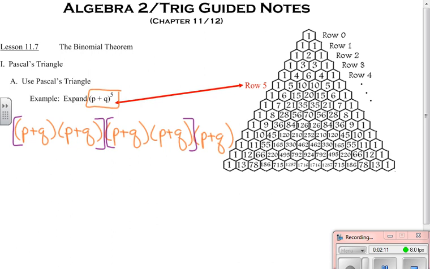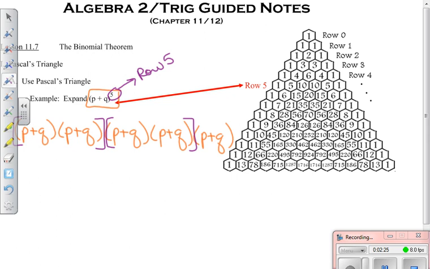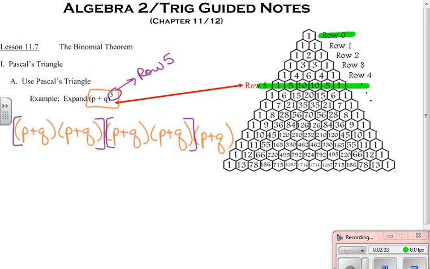So there's a shortcut. This exponent right here tells you to go to row 5 of Pascal's triangle, and when you go to row 5 of Pascal's triangle, don't forget to start at row 0. You get the coefficients of that expansion.